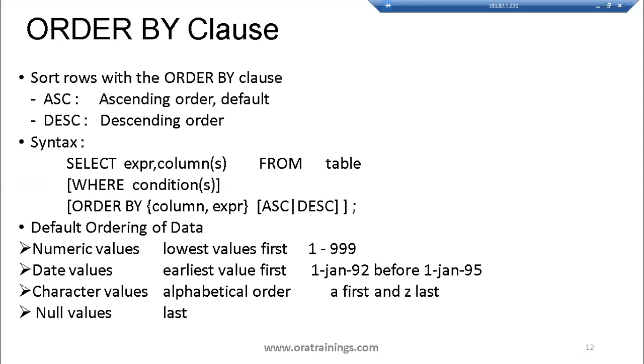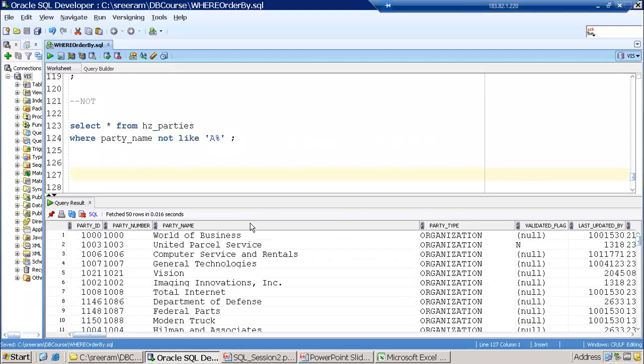Data in the database can be numeric, character, or date format. Another value you may have is null. If you use ORDER BY on a column which has null values, they will get displayed last. Let us see all these conditions one by one.